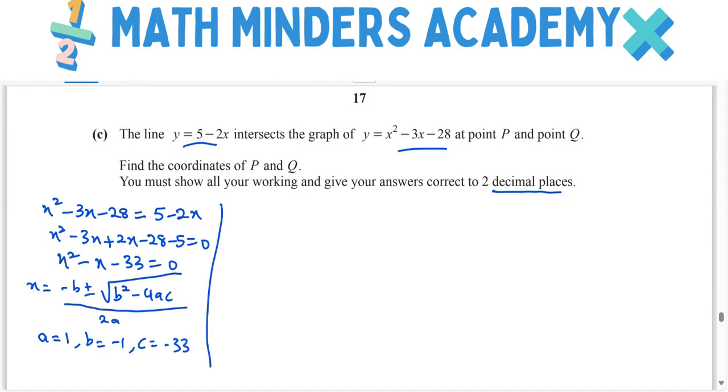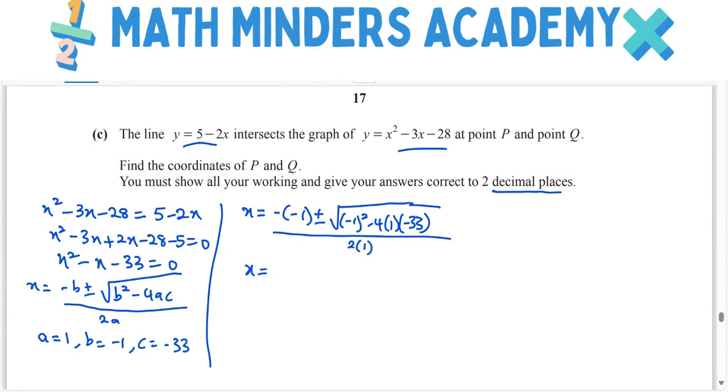So when we put it here, we have x equals minus minus 1 plus or minus square root of minus 1 squared minus 4ac, all over 2a. So x becomes 1 plus or minus square root of 133, all over 2.